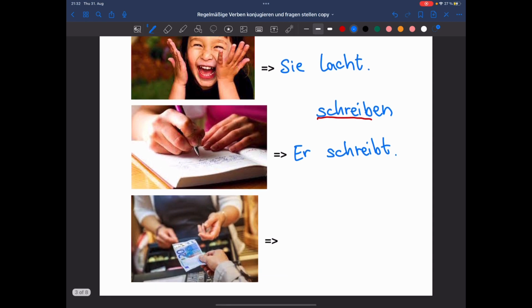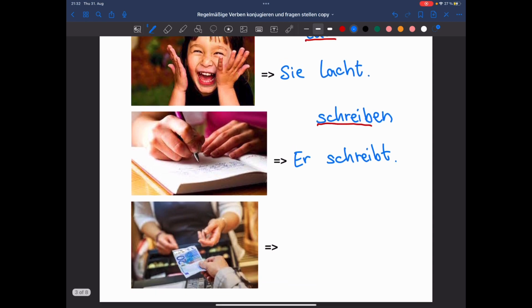Okay, next one is to buy in German, kaufen. Now let's use a plural personal pronoun. How about wir? Okay, use the verb stem and then add the right ending. Wir kaufen. Perfect.